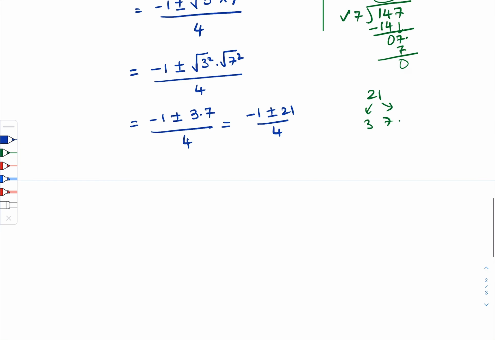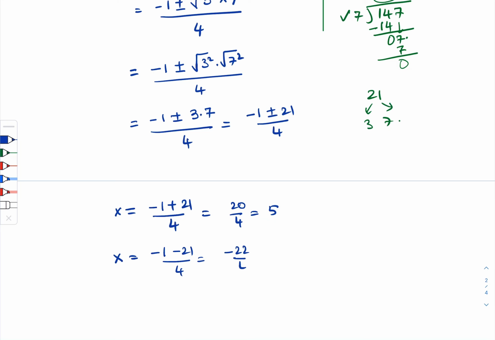All right, so let's split that. So either x is equal to minus 1 plus 21 over 4, which is equal to 20 over 4, which is equal to 5, or x is equal to minus 1 minus 21 over 4, which is equal to minus 22 over 4, which is minus 11 over 2, right?